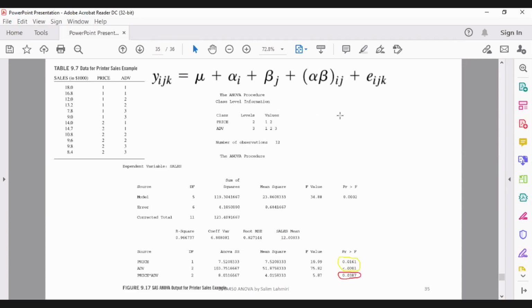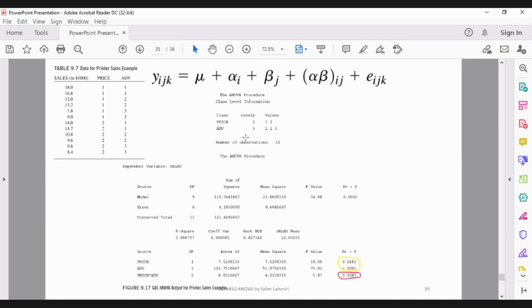So this is the common intercept, which is mu. Alpha is the coefficient for price. Beta is the coefficient for advertising. Alpha beta is the coefficient of the interaction effect, price advertising.